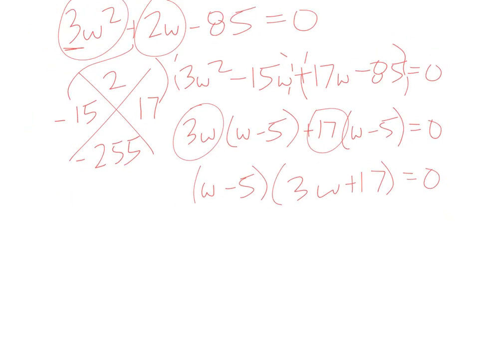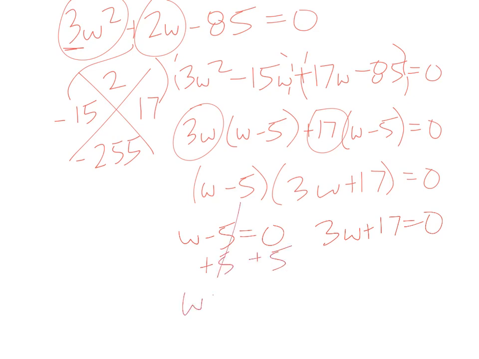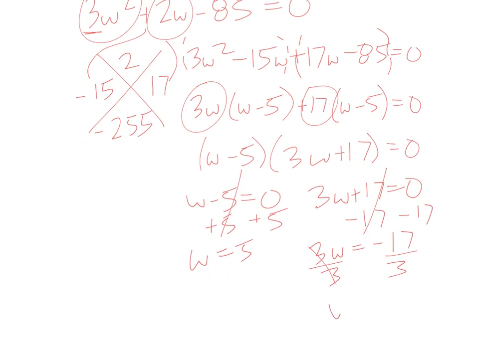Alright, so I have w minus 5 equals 0, and 3w plus 17 equals 0. Alright, I add 5, w is equal to 5, and I subtract 17, we get 3w is equal to negative 17. Divide by 3. W is equal to negative 17 over 3.